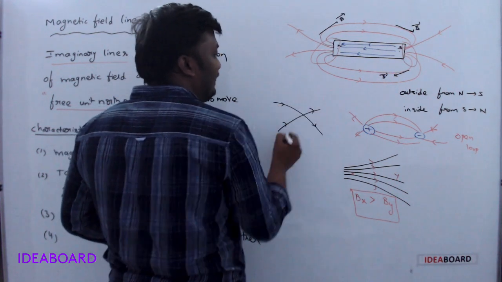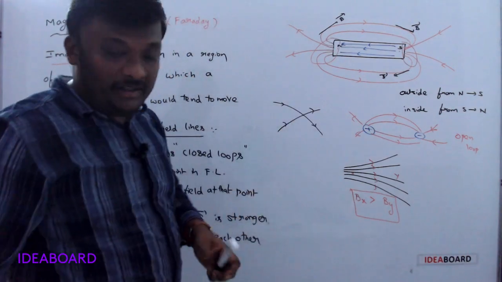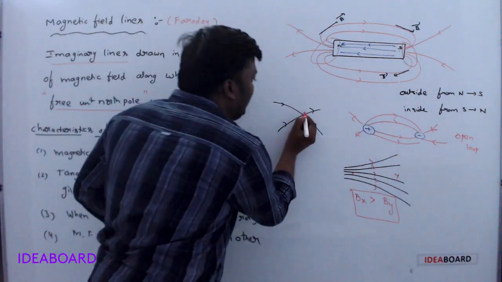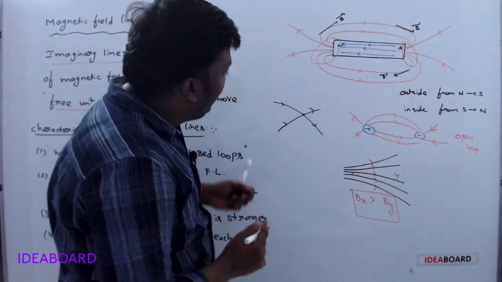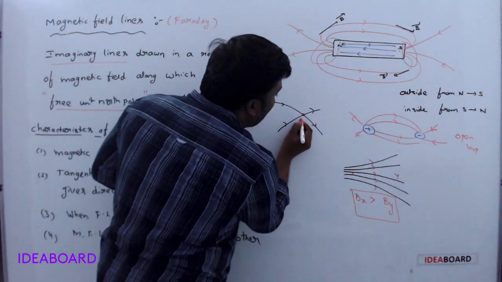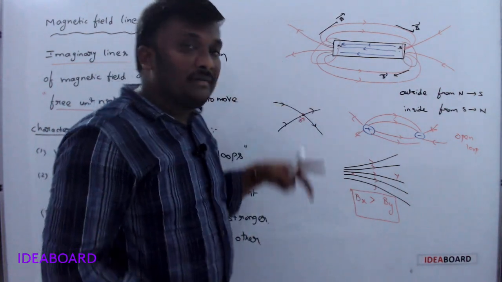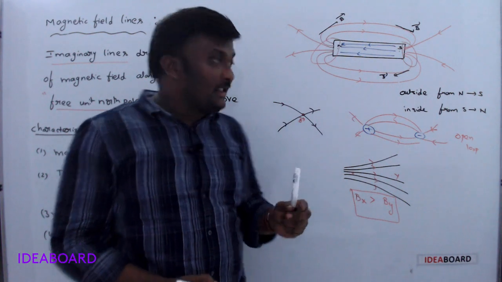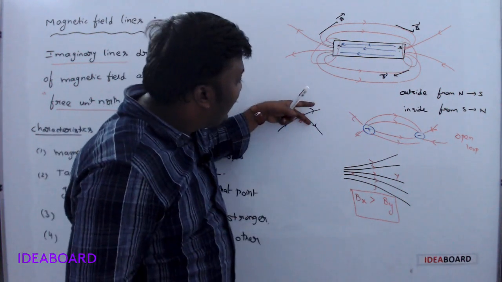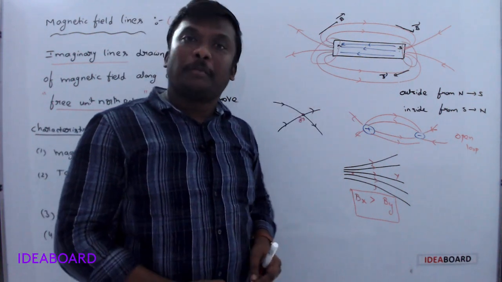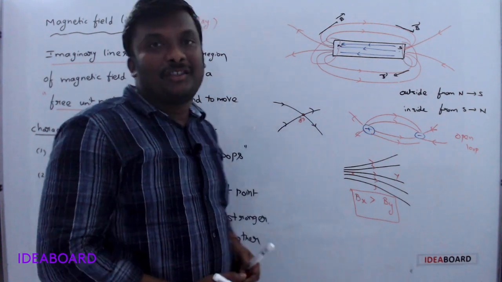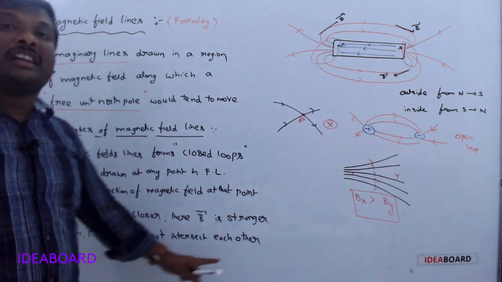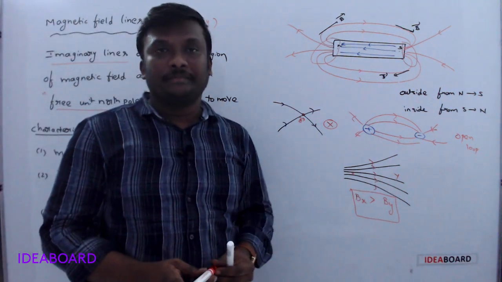If they intersect, then at the point of intersection, B vector has two directions. A vector always has only one direction, but at the point of intersection it has two directions. Is it possible? Not possible. That's why magnetic field lines do not intersect each other.